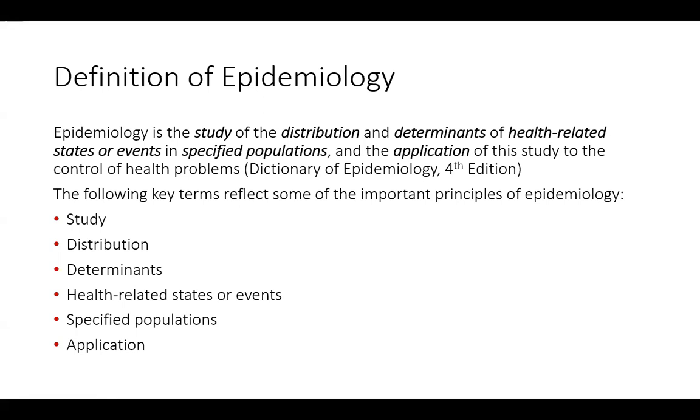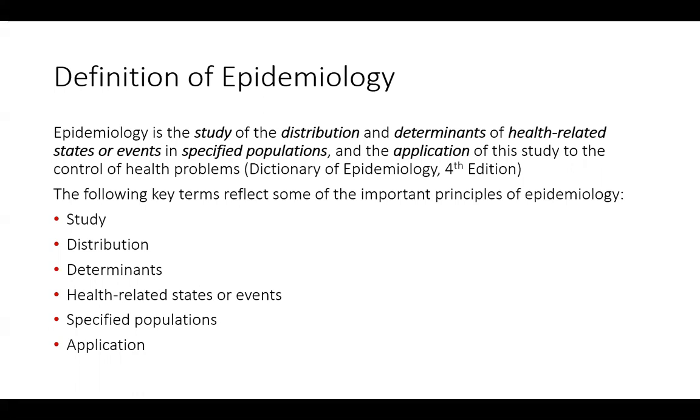It makes use of three fields for the collection, analysis, and interpretation of data. The first field is that of probability. So you need to be an expert in probability to be a good epidemiologist.